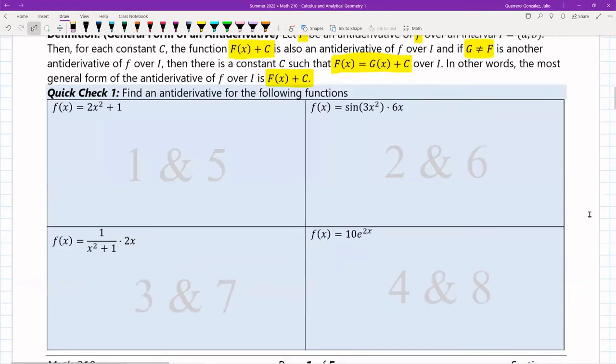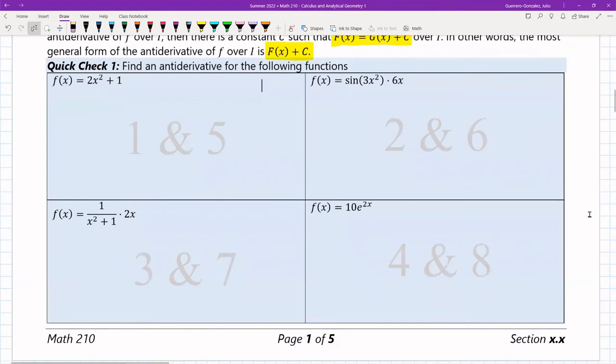So for quick check one, I've got a couple of little f's. Try to do these in about 5 minutes, maybe 10 minutes. I haven't shown you guys really rules to find the antiderivatives for these yet, but I do want you to give it a good faith effort and look at these and try to find the function big F that will give me the antiderivative for these little f's.